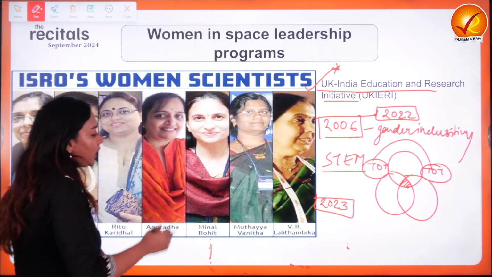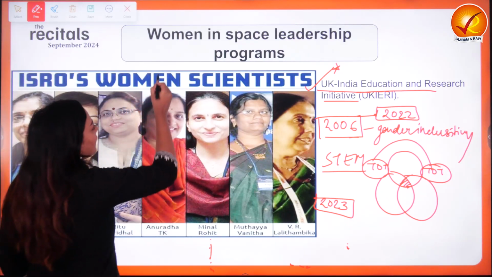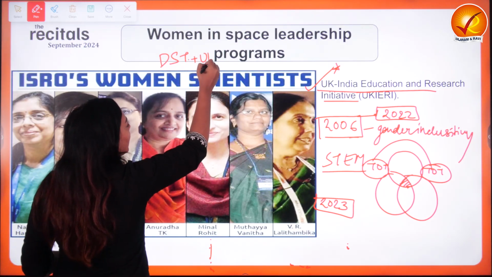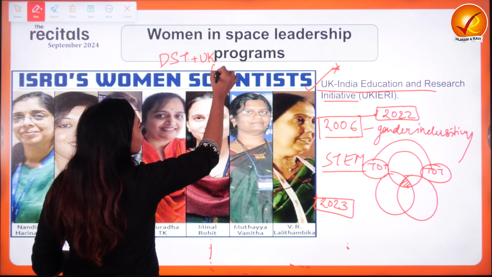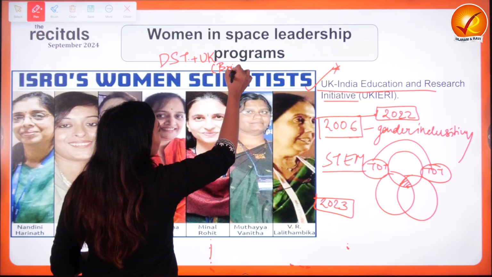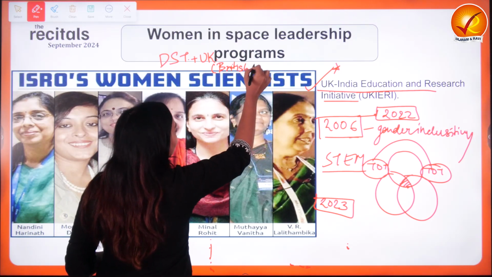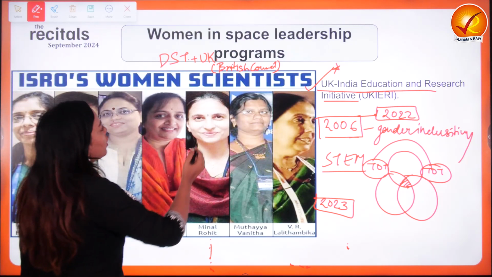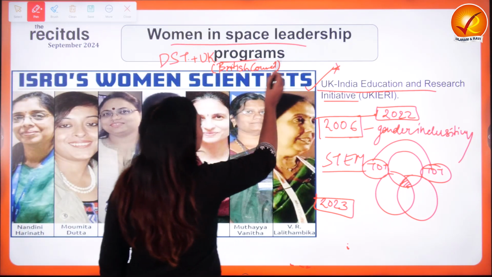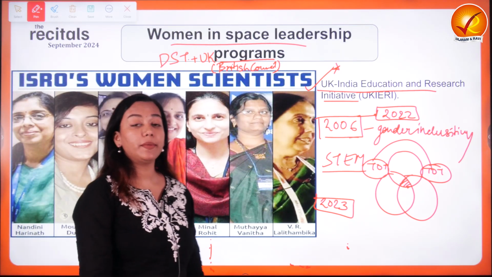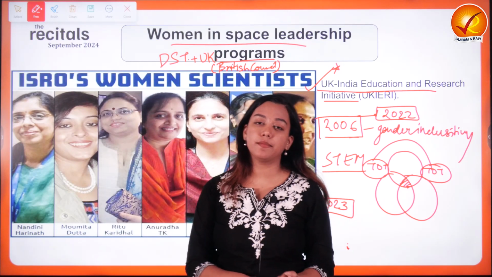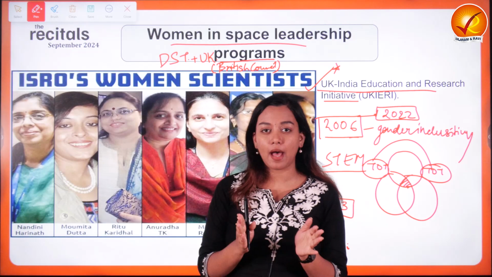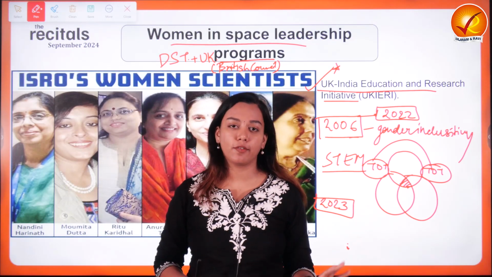So, in 2024, the Department of Science and Technology, in collaboration with the United Kingdom's British Council, has launched the Women in Space Leadership Programs. Talking about women in space leadership, they are the unsung heroes, not very often celebrated, but you should have certain examples on your fingers.